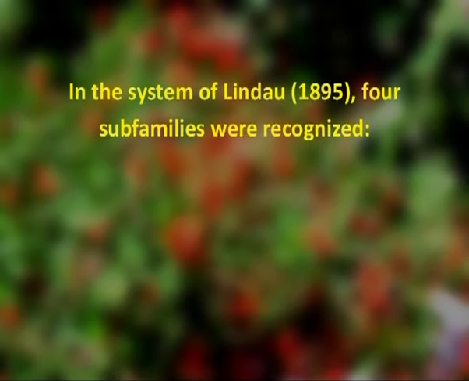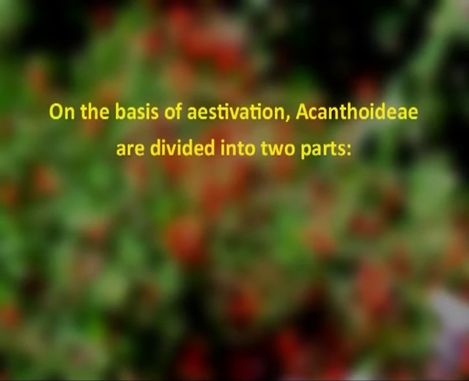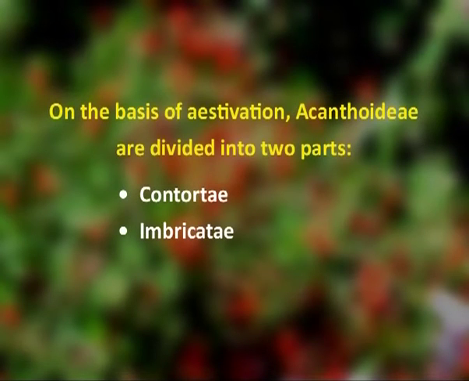In the system of Lindau, 4 subfamilies were recognized: Nelsonioideae, Mendoncioideae, Thunbergioideae, and Acanthoideae. The former 3 are characterized by absence of cystoliths. Acanthoideae was further divided into 2 parts, the contorti and the imbricati, on the basis of aestivation.